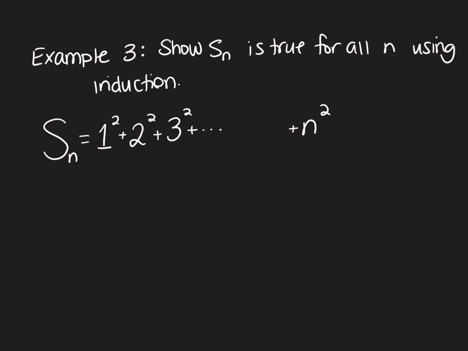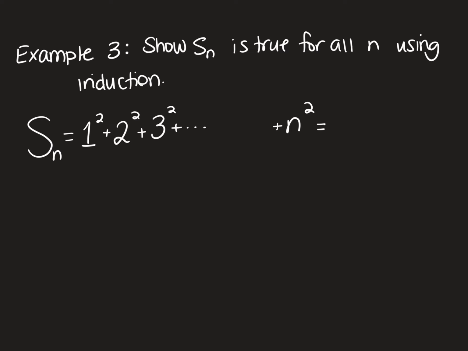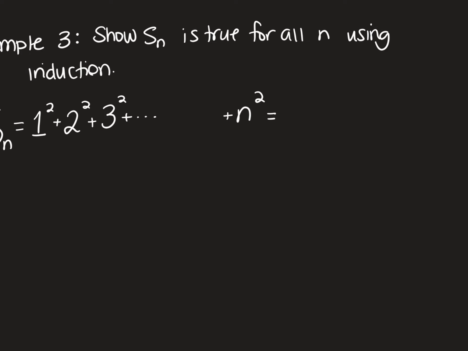I'm going to come back to that in just a second, but just leave a gap between 3 and n squared. What I'm conjecturing, or what somebody conjectured, is that if I want to know this sum for any n value, you can find it by doing this equation or this formula.